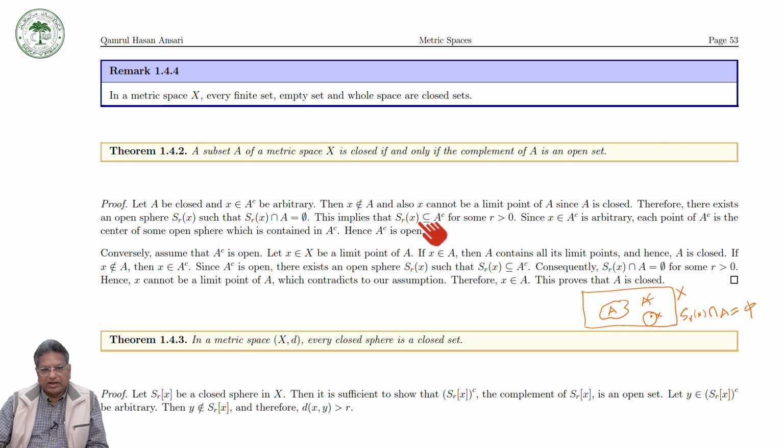So x is the center of some open sphere contained in the complement of A, and since x was arbitrary, each point of the complement of A is the center of some open sphere contained in the complement of A. Therefore, the complement of A is open.